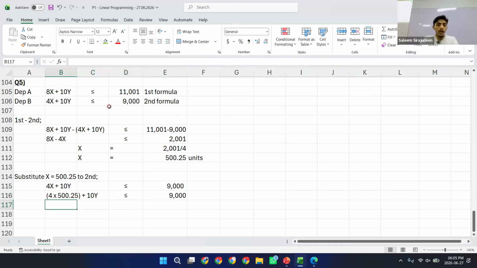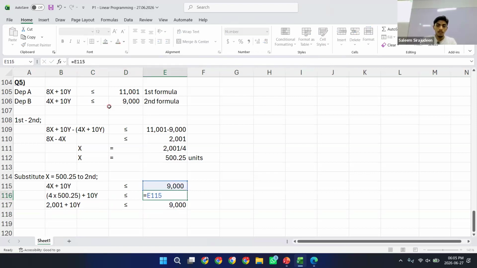So 4 into 500.25, how much? 2001. So 2001 plus 10y equal or less than 9,000.